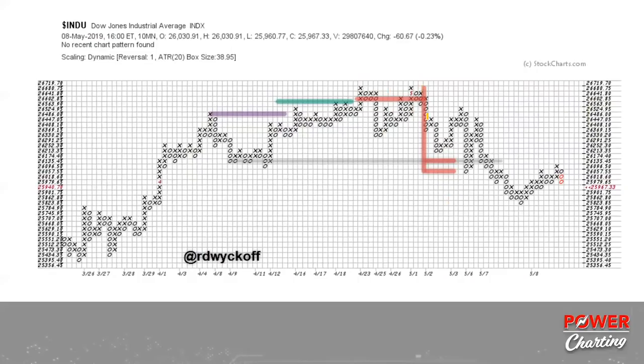So we had a decline. Here was our count. There was actually a little bit of a rally that occurred before we got all the way down. We only got 2 boxes away from our initial objective. We had a rally that went to a lower high, which again is further evidence of distribution.